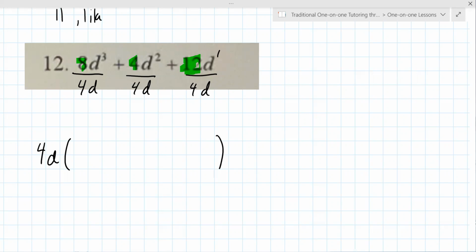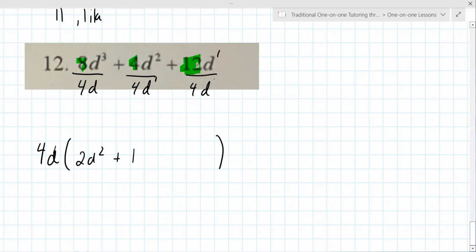So go ahead and tell me this, what the result here of dividing what goes in parentheses here. 4d in parentheses 2d squared plus 1 plus 3d.